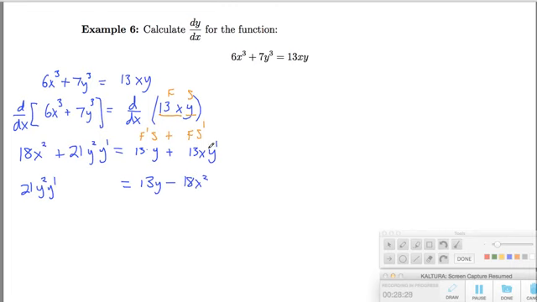Similarly, the 13x y prime, I'm going to move it to this side, so it becomes a minus 13x y prime. Now I can do what I always do, factor out a y prime. 21y squared minus 13x is equal to what's on the right.